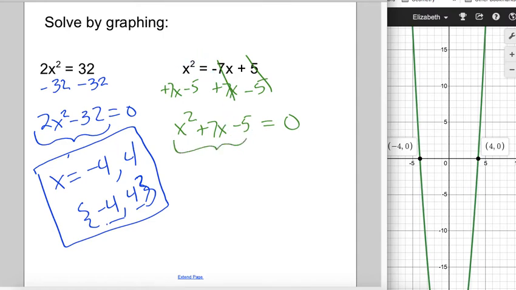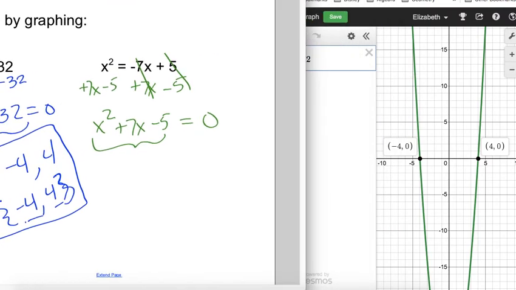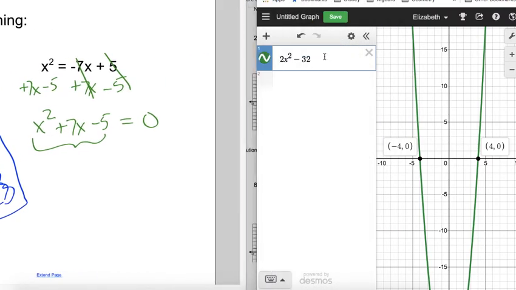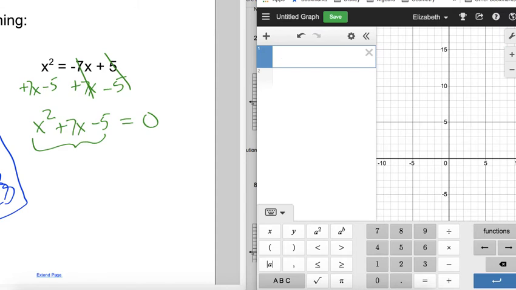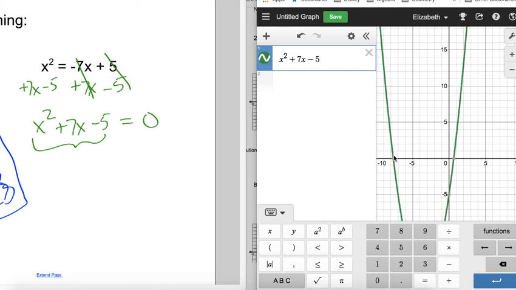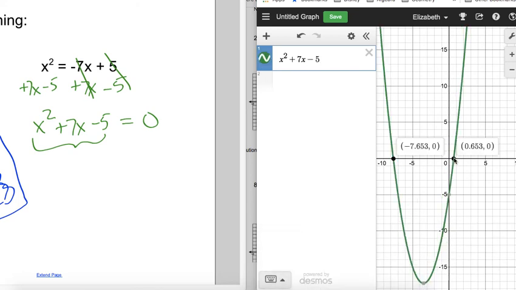So this is the equation that I'm going to type in, and I'm going to find when it is equal to 0. So I have x squared plus 7x minus 5, and I'm just finding when it's crossing the x-axis.